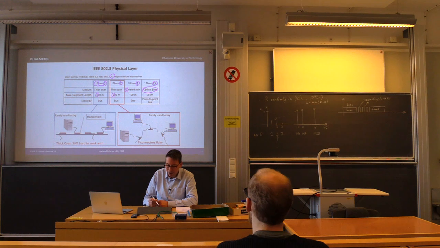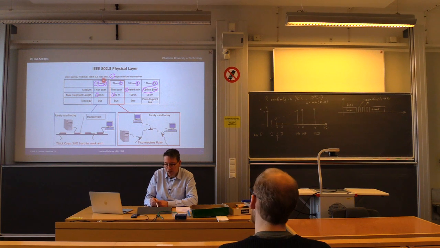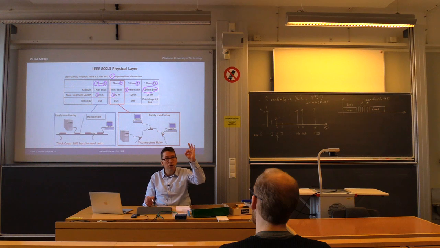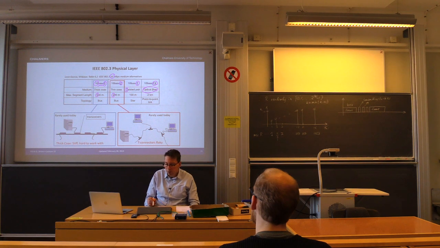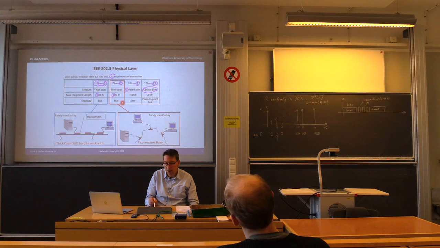But anyways, if we look at this, this was the first one. So it has some hosts, and then there is this coaxial cable. It's a rather thick coaxial cable, so it's kind of bulky. So it was stiff, a little bit hard to work with. So then one took a little bit thinner coaxial cable in this standard here.